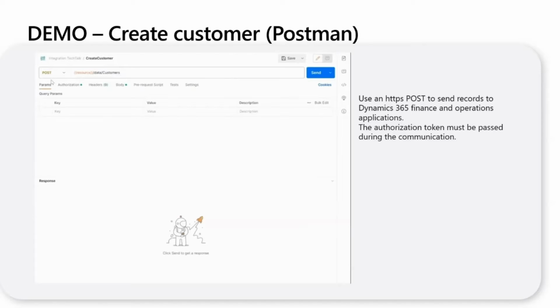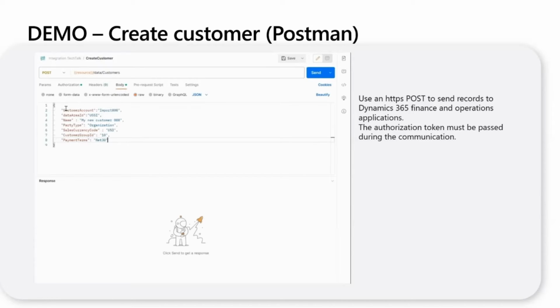Lastly, we are going to use the OData endpoint to create a customer. So we set up the POST HTTPS call against the customer entity, and we provide the authentication token as usual. In the body, instead, we put the required information, again in JSON format.